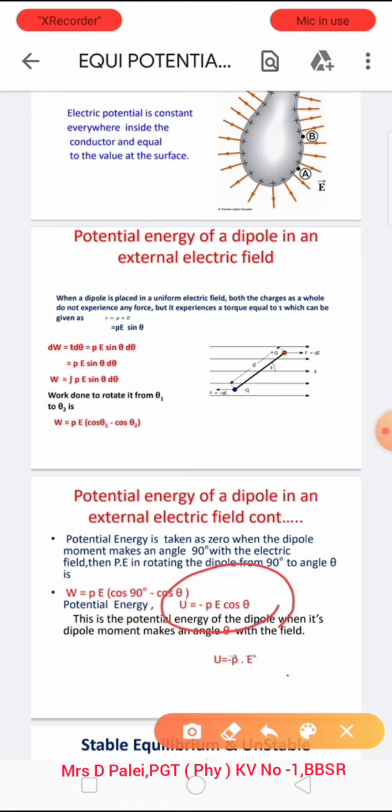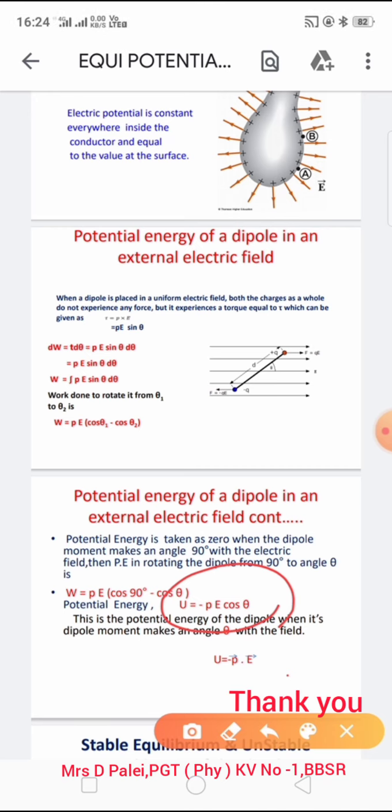Here theta is the angle between the P vector, the dipole moment, and the electric field. This is all about the potential energy of the dipole in an external electric field. Okay. So in this video we discussed equipotential surfaces and the potential energy of the dipole in an external electric field. Thank you.